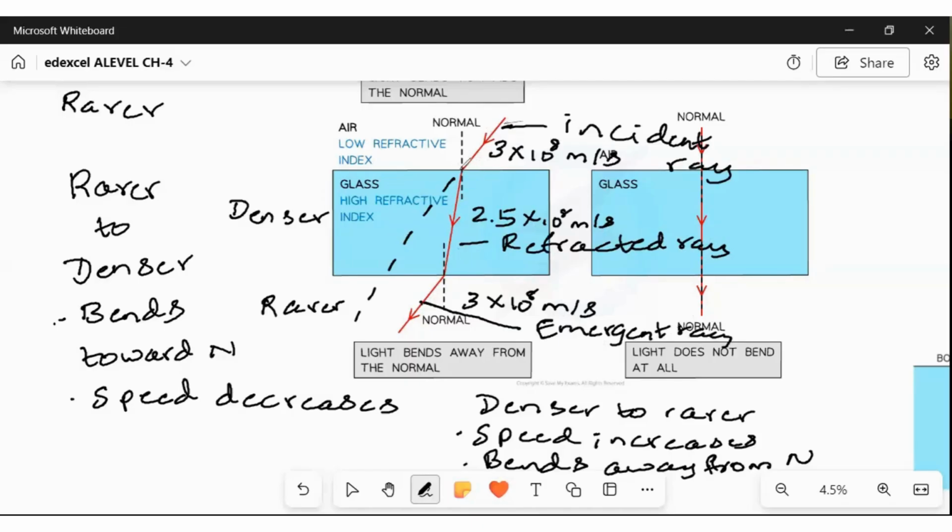Due to the change in the medium, the incident ray, which was supposed to travel in this direction, traveled in this direction. So this is the concept of refraction.